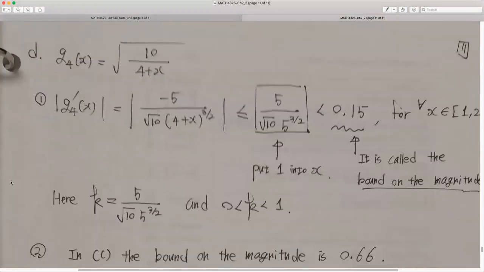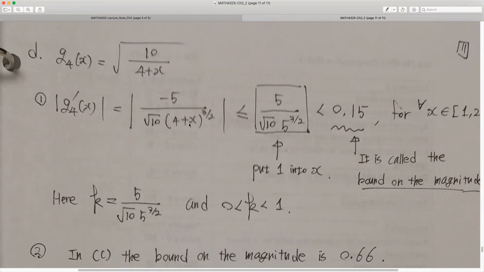Yeah, right here. G sub 4 prime is -5 over square root 10 times 4 plus x to the 3 half. Definitely this is bounded by 5 over square root 10 times 5 to the 3 half. The domain is the closed interval 1, 2, and 4 plus x is in the denominator.